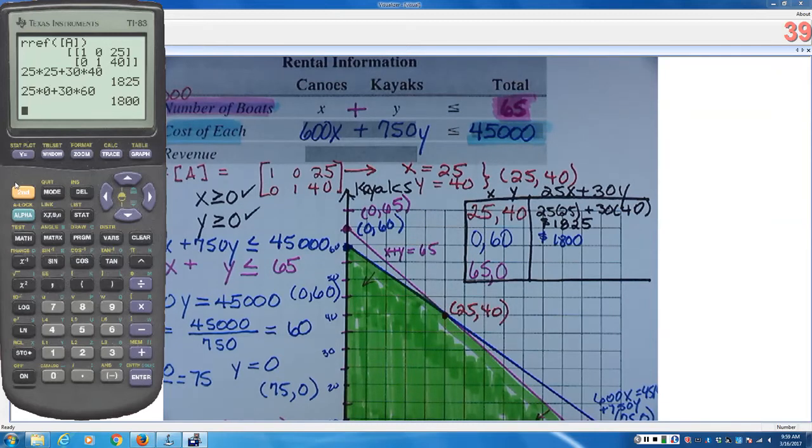And then if I use (65, 0), it gives me 1,625.